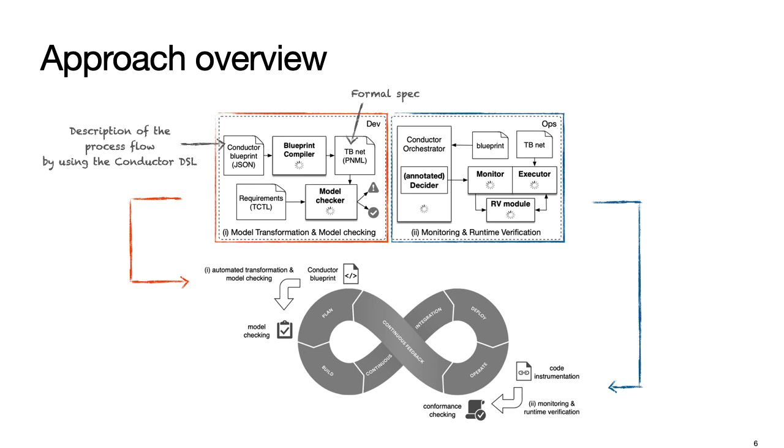And the monitor module basically receives as input events coming from an instrumented version of the Netflix Conductor orchestrator. And the monitor builds a timed trace of events that are checked against the formal specification by means of a conformance game approach.